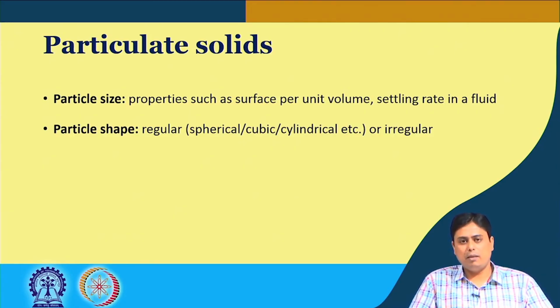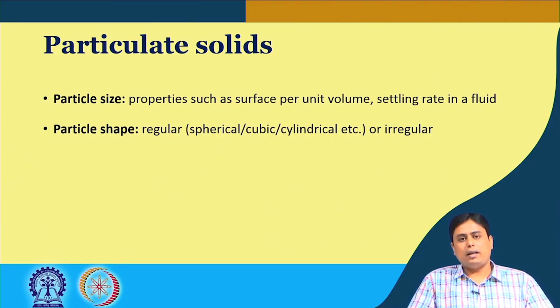For example, for a spherical particle, if you define its diameter, then you define the particle shape as well as the size. For cubic or cuboid particles, you have to define the 3 dimensions. For cylindrical particles also, you have to define the radius and the height.